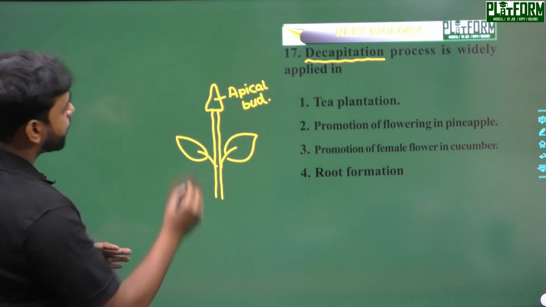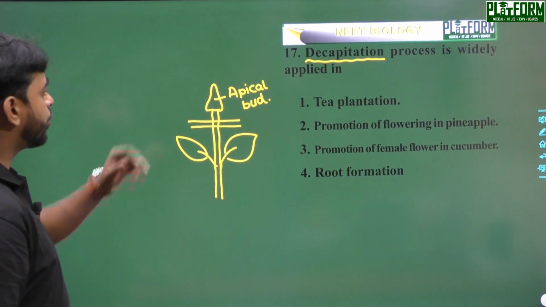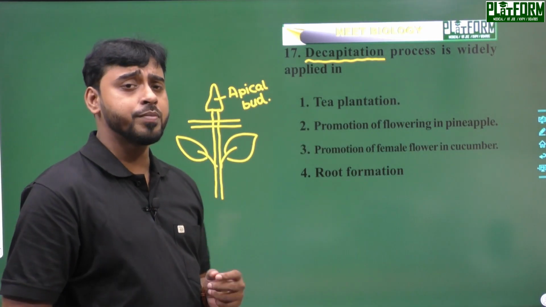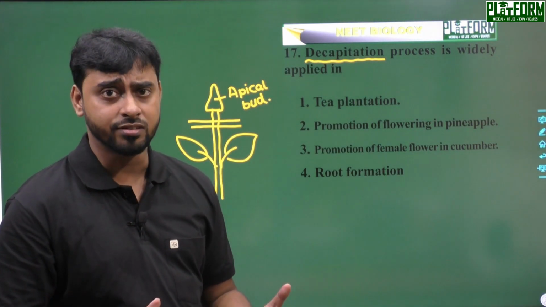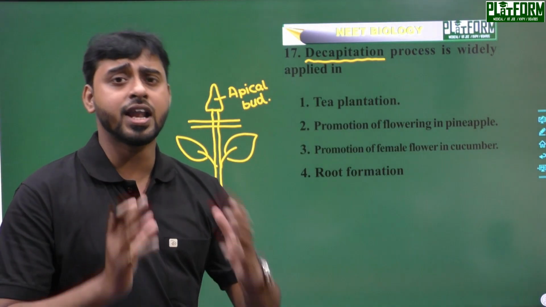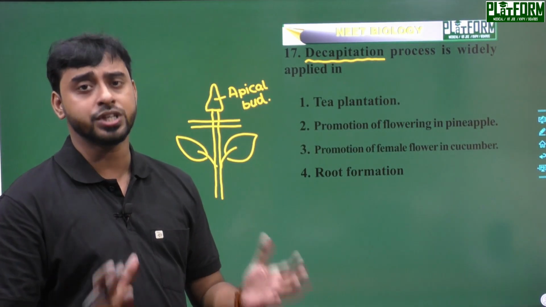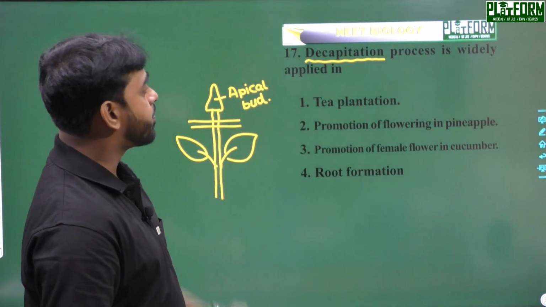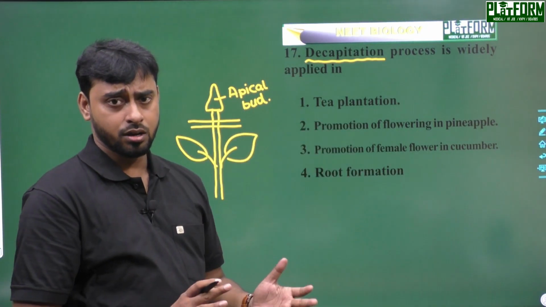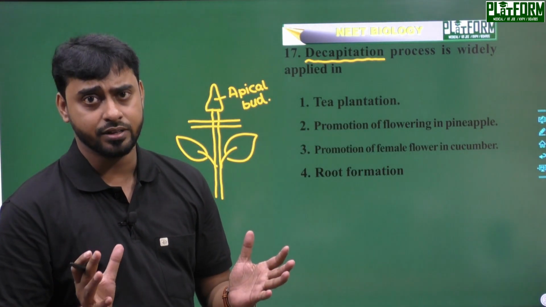Now, if we remove the apical bud, then what will happen? It leads to the formation of numerous lateral buds, and due to the growth of enormous lateral buds, the plant becomes bushy. Now the decapitation process is applied to those plants which have this type of bushy habit.